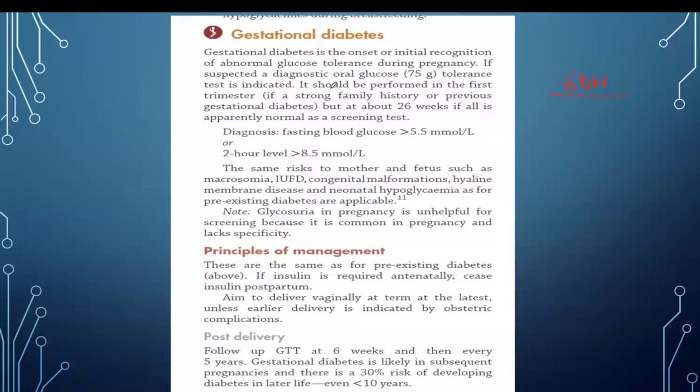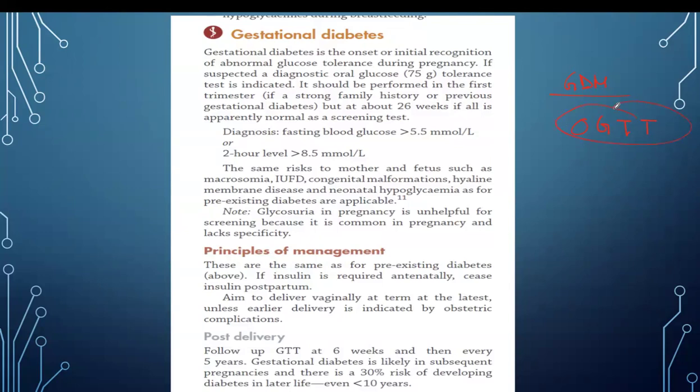How to confirm? To confirm a patient has got GDM, you have to do an oral glucose tolerance test, OGTT. Previously, people used to do a lot of other things like the glucose challenge test, but that is no longer required. We only need to do an OGTT.